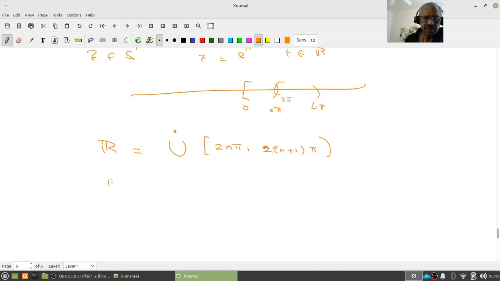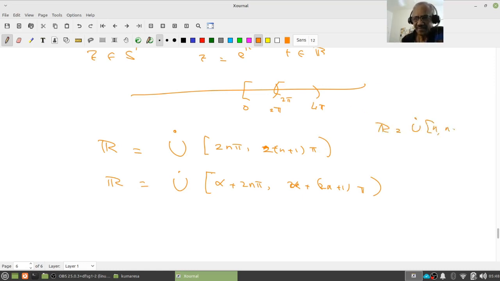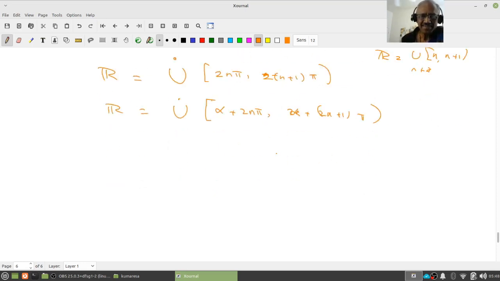And it's also a disjoint union of alpha plus 2n pi to alpha plus 2 times n plus 1 pi. If you have learned the greatest integer function from my real analysis book or my lectures, you would have seen, after the greatest integer, I prove this, right? R is a disjoint union of these. Similar argument. You need the Archimedean property, by the way, to prove this.